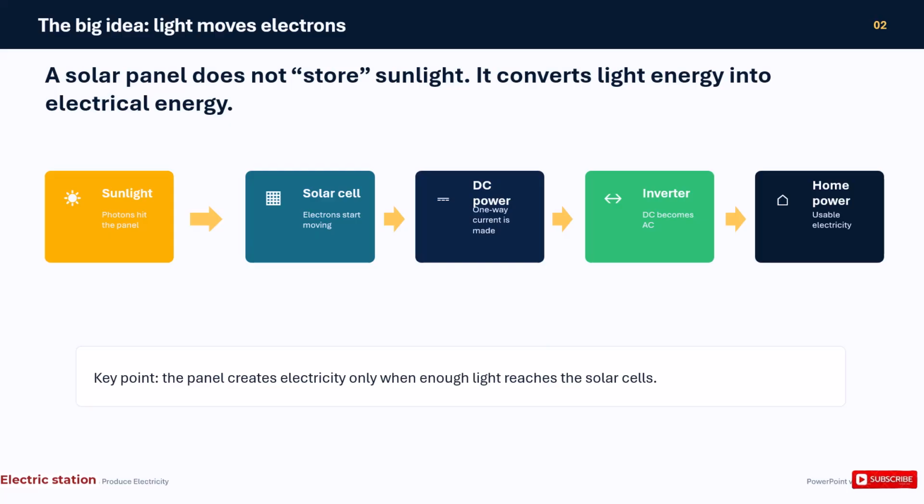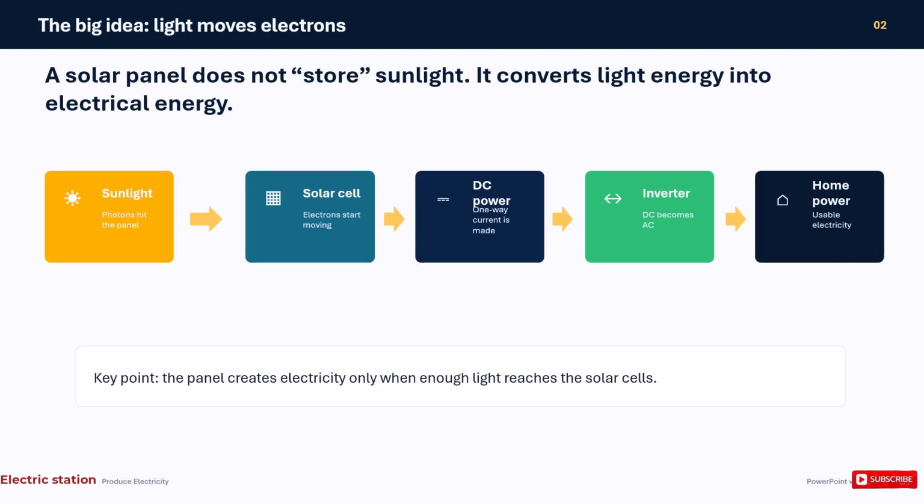Then, an inverter converts that DC electricity into AC electricity that we can use in our homes. So remember this simple chain: sunlight, solar cell, DC electricity, inverter, and finally usable AC power.